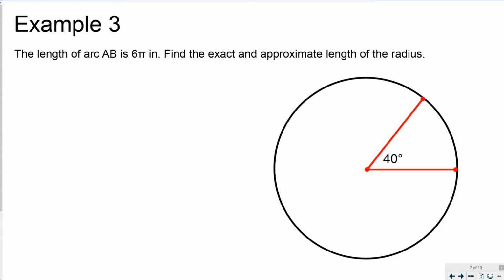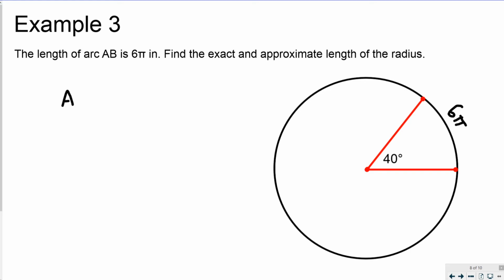All right, and so now we're going to work backwards here. The length of arc AB is 6 pi. So this over here is actually 6 pi. Find the exact and approximate length of the radius. Okay, so we're going to work the formula backwards.